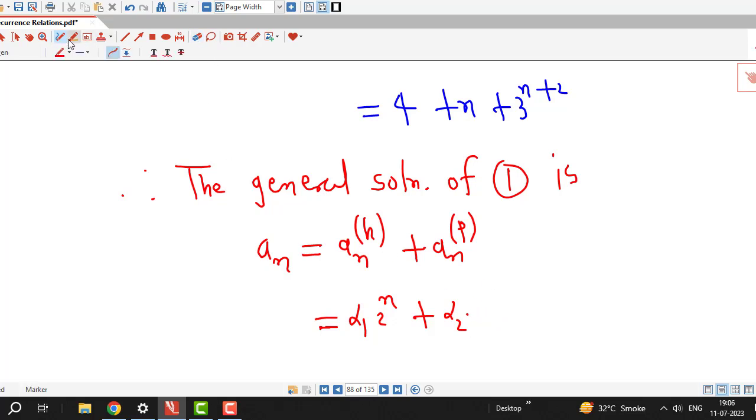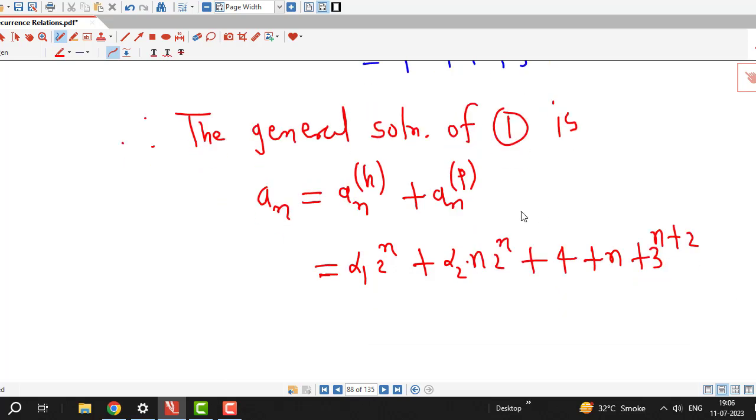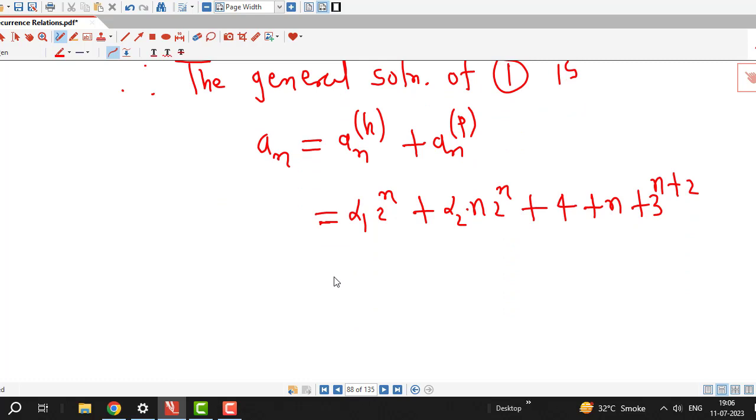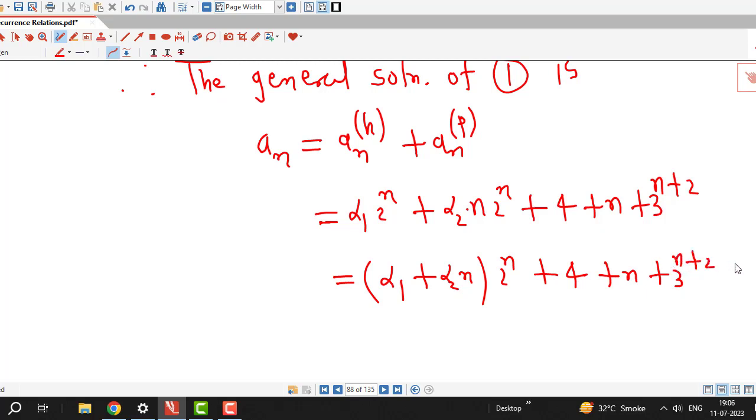Because of repeated roots, we multiplied by n, and our particular solution is 4 plus n plus 3 raised to n plus 2, and this I can rewrite as alpha 1 plus alpha 2 n times 2 raised to n plus 4 plus n plus 3 raised to n plus 2.